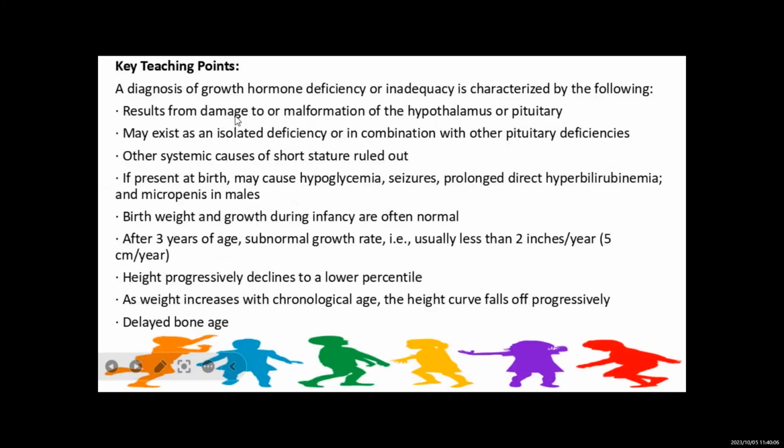First of all, it's due to a malformation or damage of the hypothalamus or pituitary gland. It can also be combined with other pituitary deficiencies. So when all the other causes of short stature are ruled out, it means the child will not have other causes of short stature.